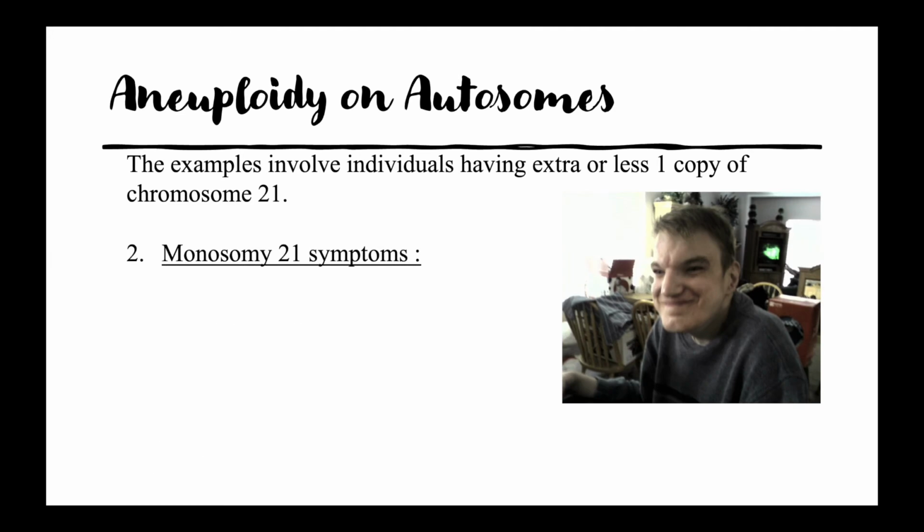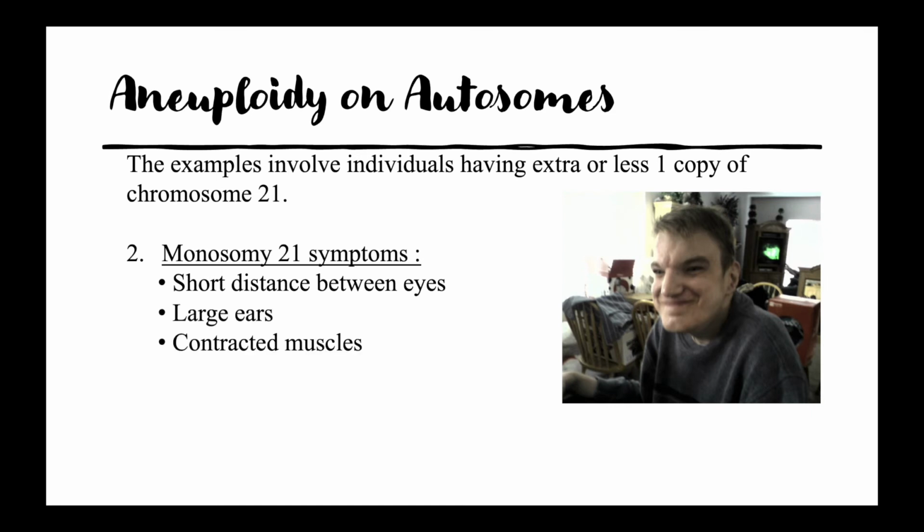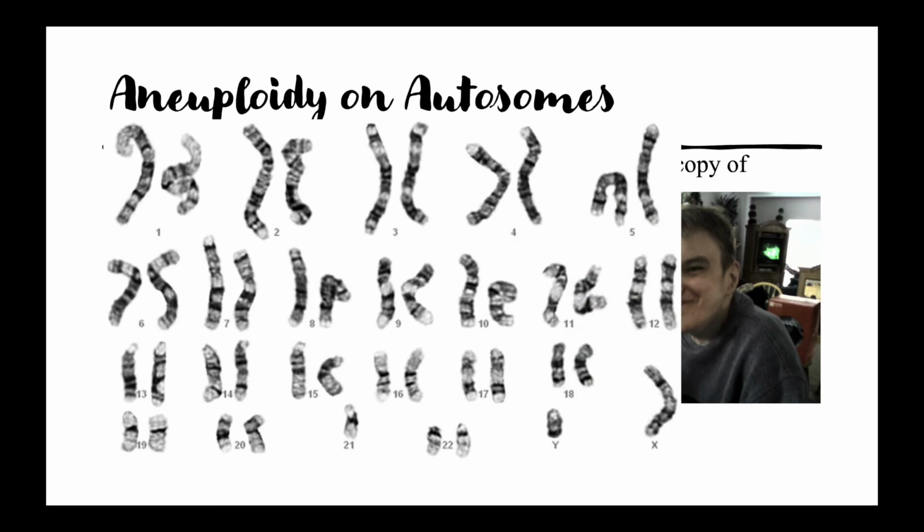The symptoms experienced by individuals suffering from monosomy 21 include having a short distance between the eyes, having large ears, and contracted muscles. This is the karyotype of an individual suffering from monosomy 21 condition. As you can see, the individual only has 1 copy of chromosome 21.